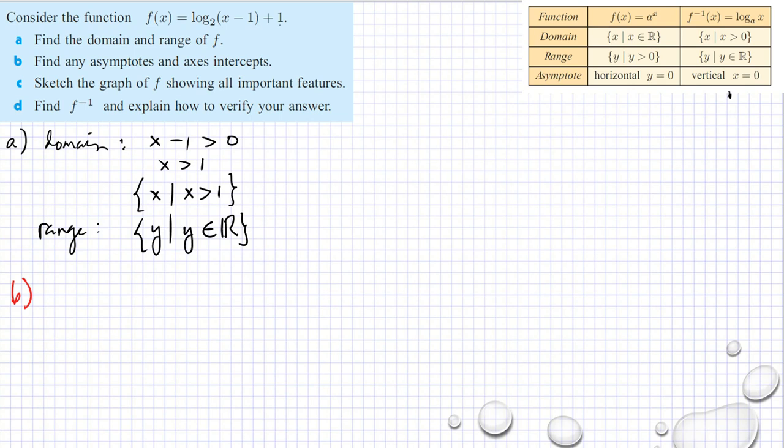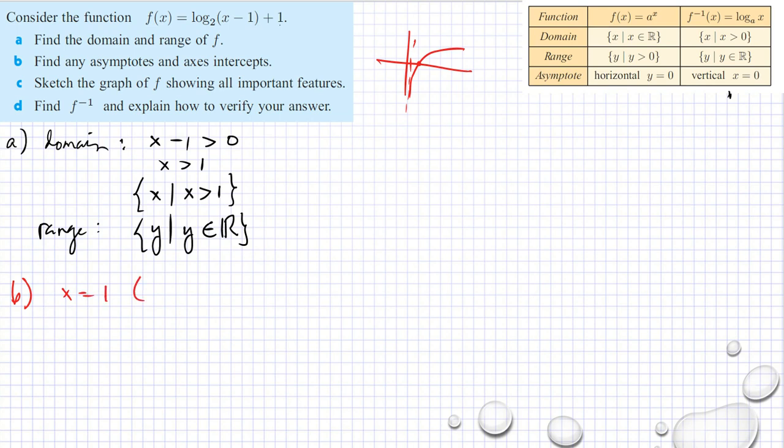That means before, we needed to find this intercept and this one. Before it was the y-axis, or x is equal to 0, but now it is x is equal to 1.